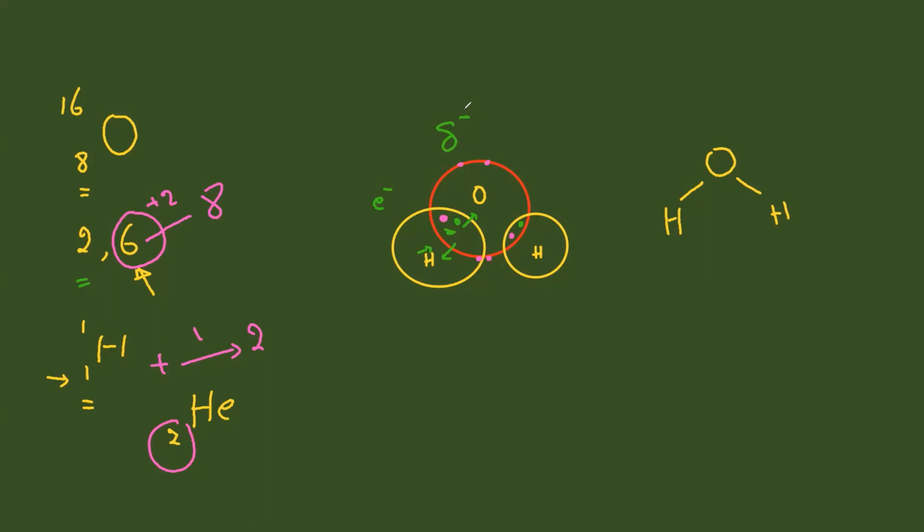But because the negativity is shifted towards the oxygen, the oxygen has more negative charge than the hydrogen. That's why I say that the oxygen is slightly negative, and I write it like this.